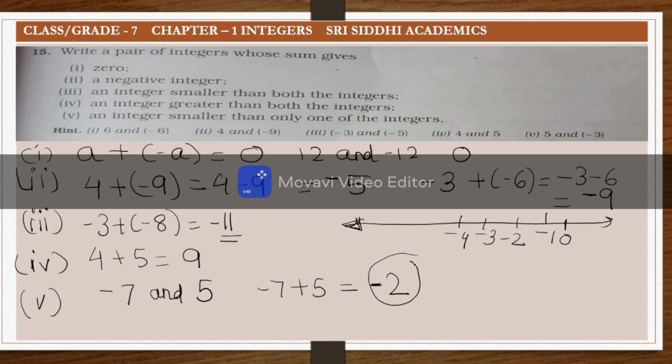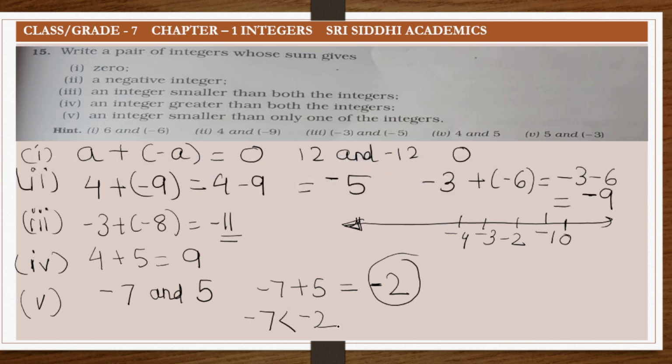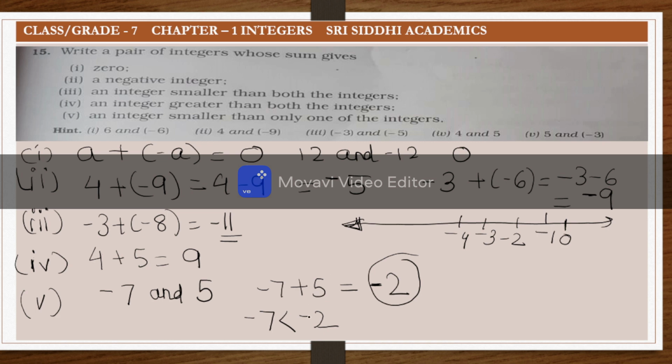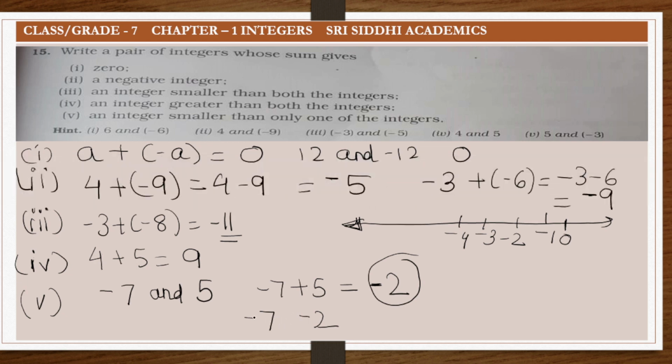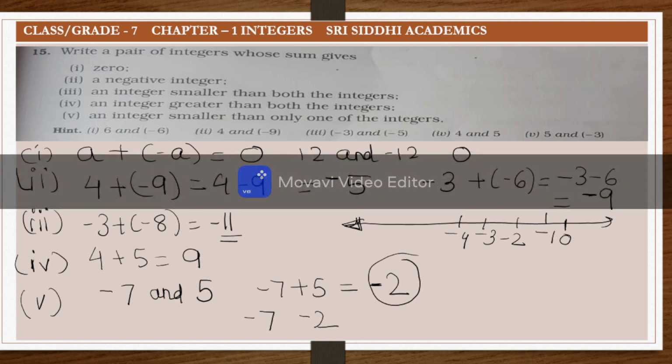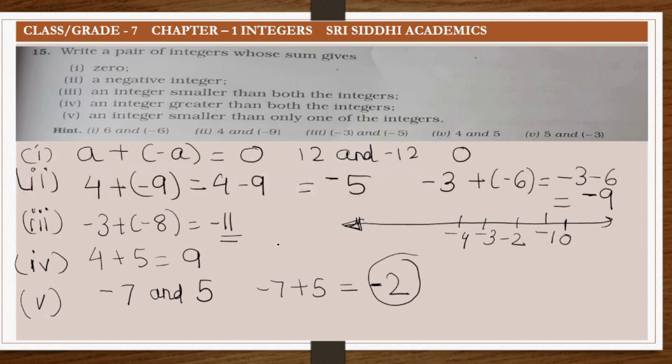It's -2. Now -7 is less than -2. It satisfies our condition that the integer that we get has to be greater than one of them, and -2 is actually less than 5.